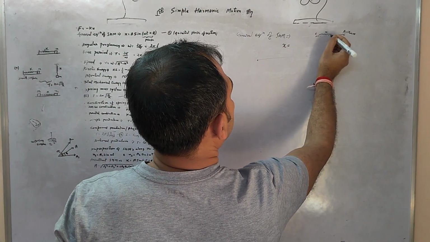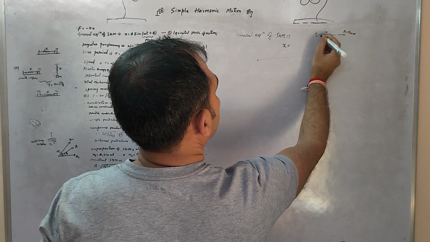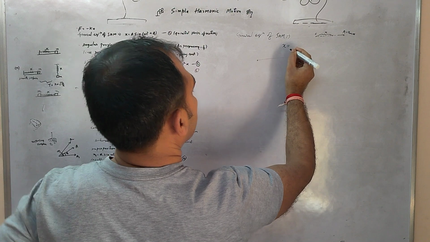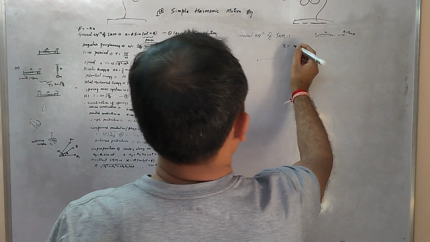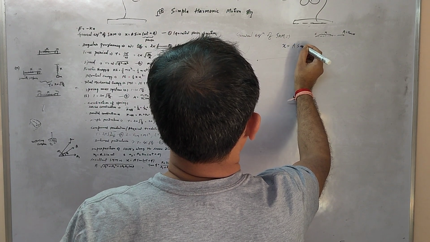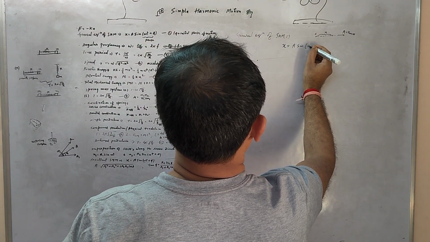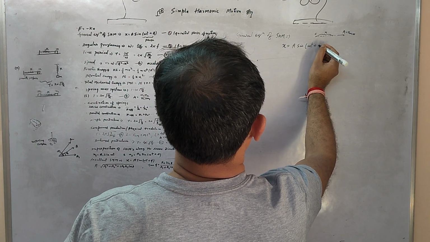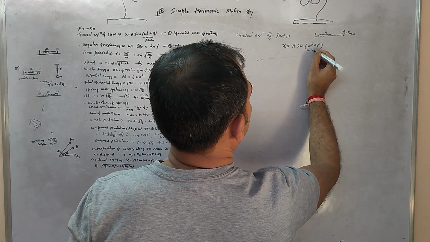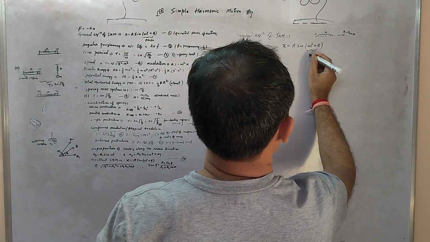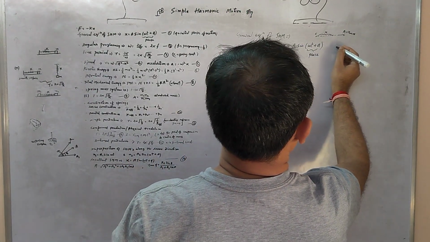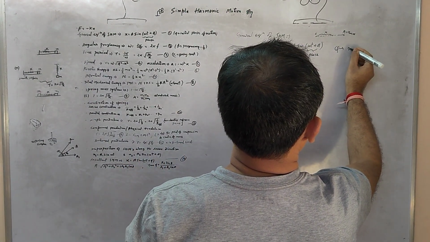So if this is any general x from the reference point, then the general equation can be written as a sine function of time t, that will be x = A sin(omega t plus phi), where this is called the phase of the motion and phi is the initial phase.